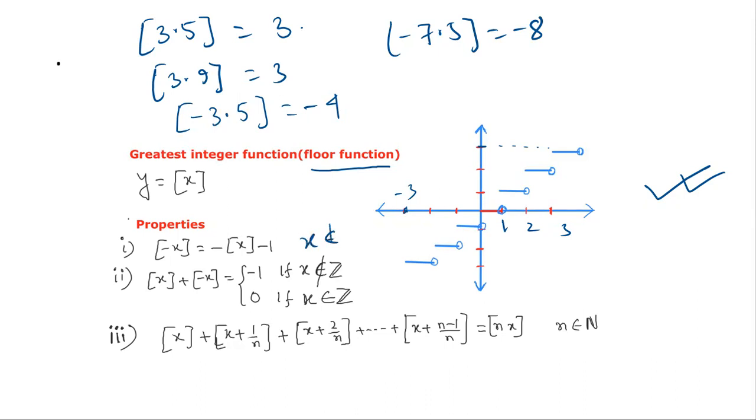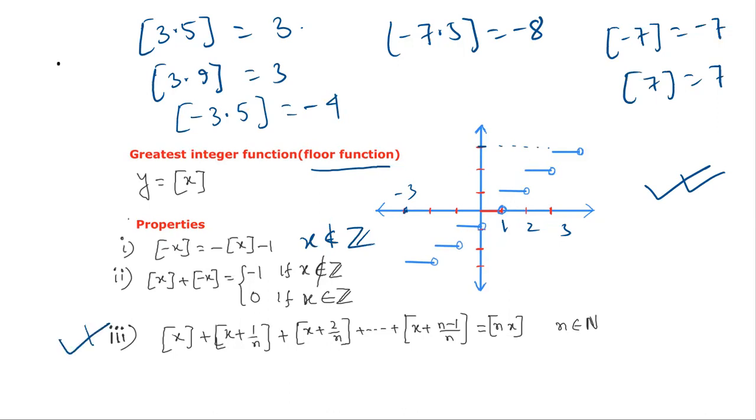If x is an integer, for all integer points of x, like greatest integer of minus 7 will also become minus 7, greatest integer of 7 will become 7. For all integer points, the greatest integer will be the same. Minus 3 will become minus 3, minus 7 will become minus 7, and greatest integer of 7 will become 7.